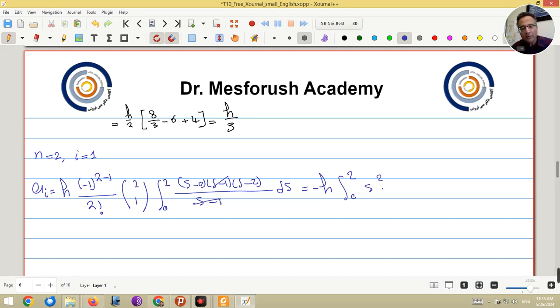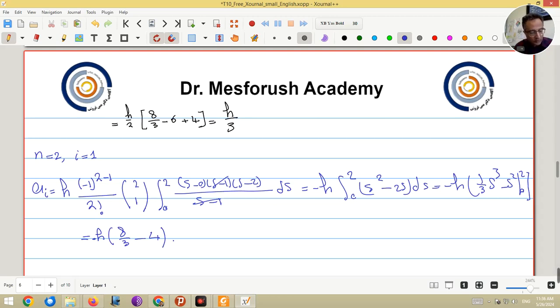It remains s squared minus 2s, d of s, and this is minus h times 1/3 s cube minus s squared from 0 to 2. And if you continue the computation, this is minus h times 8 over 3 minus 4.